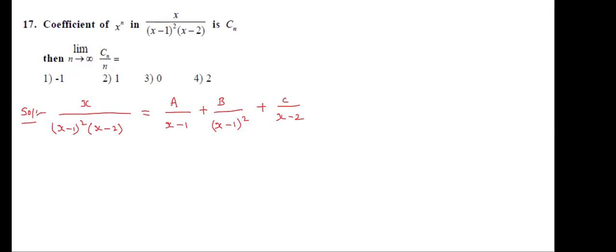Now take the LCM. Denominators are going to cancel. Now numerators I am writing. X is equal to a into x minus 1 into x minus 2 plus b into x minus 2 plus c into x minus 1 whole square.